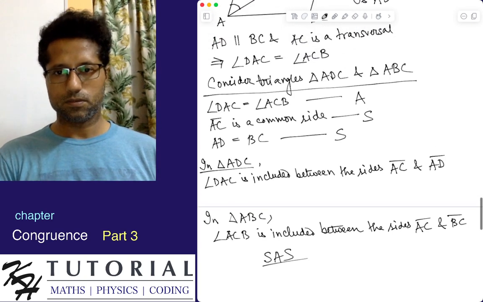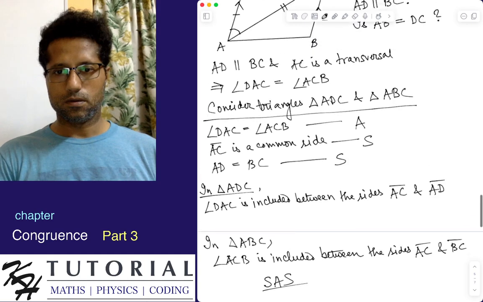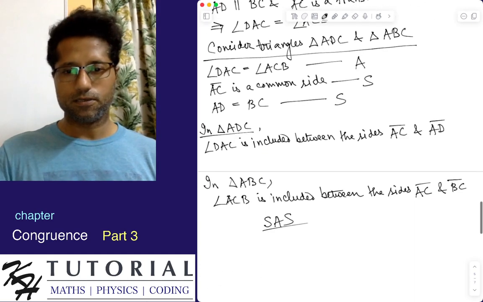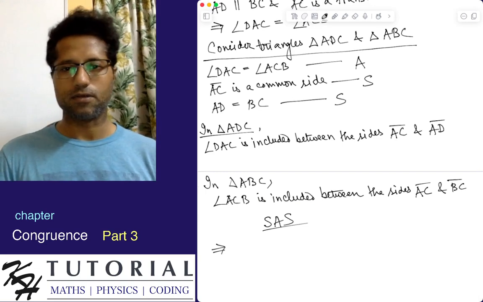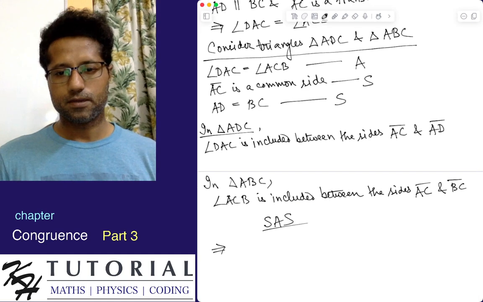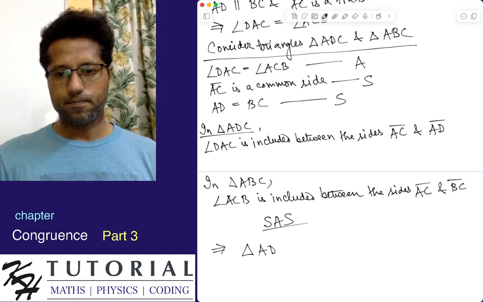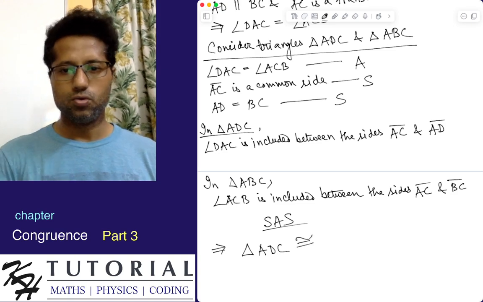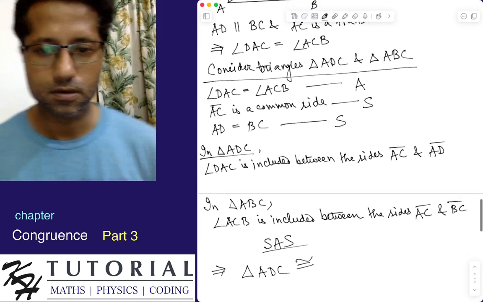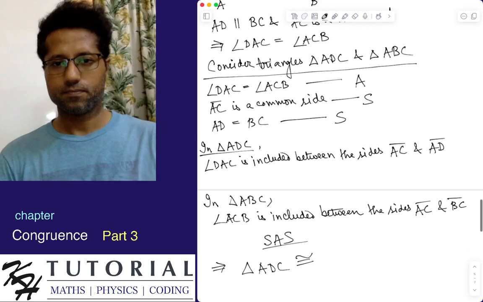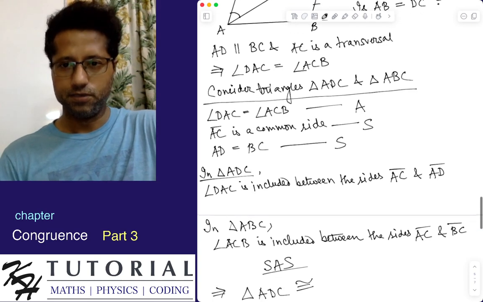Now, since the SAS criterion is satisfied, we can say triangle ADC is congruent to triangle. What will be the congruence relation? What are the mappings between the triangles ADC and ABC?